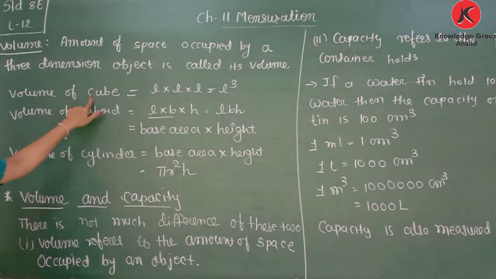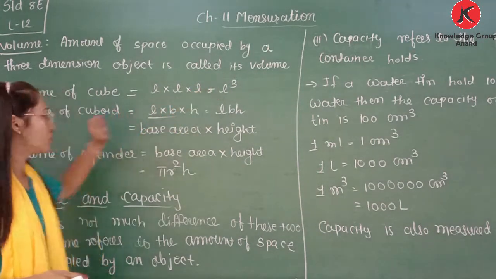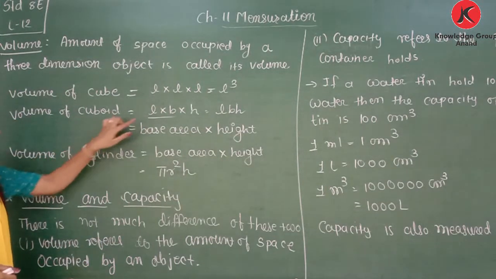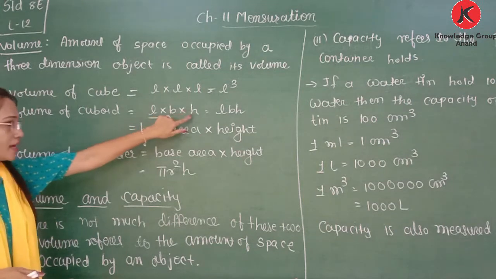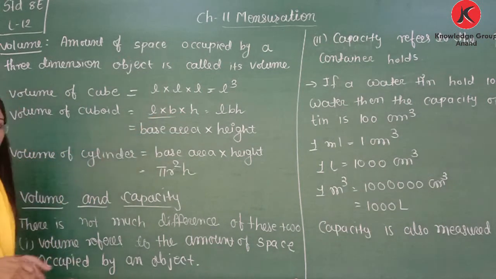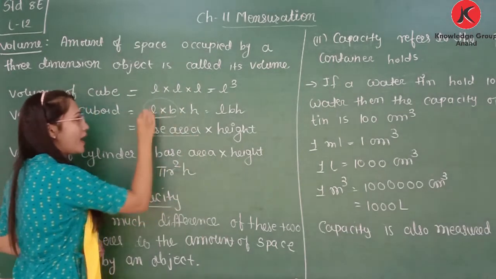Volume of a cube, what is the equation? That is L multiply L multiply L, that is L cube. Volume of a cuboid is LBH, length multiply breadth multiply height. In short, you can write it as base area LB times height.